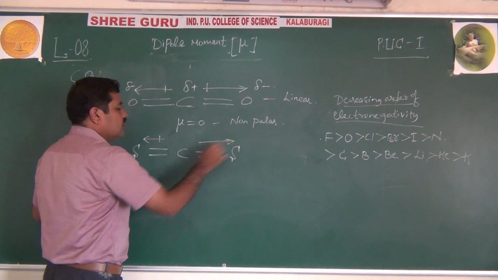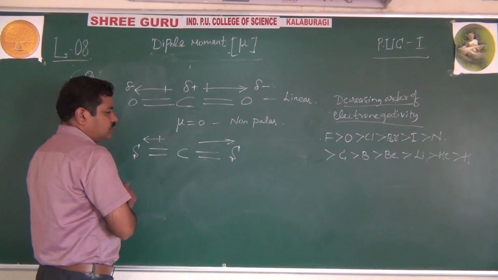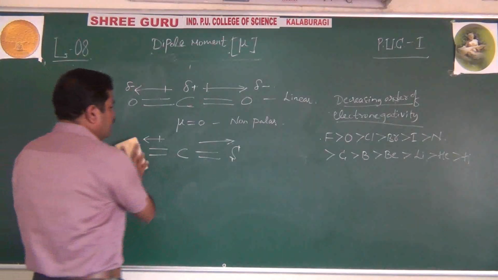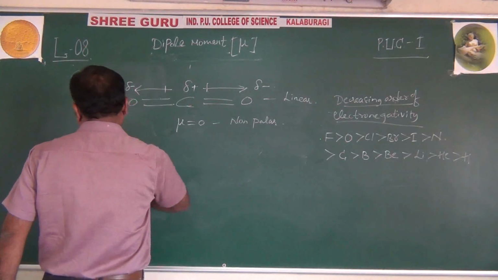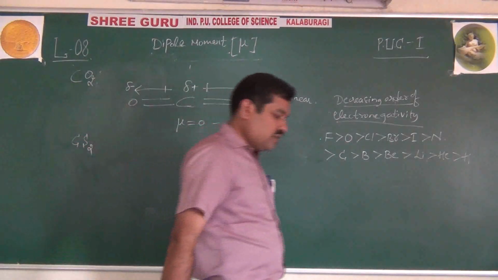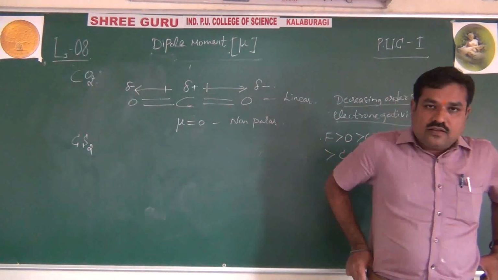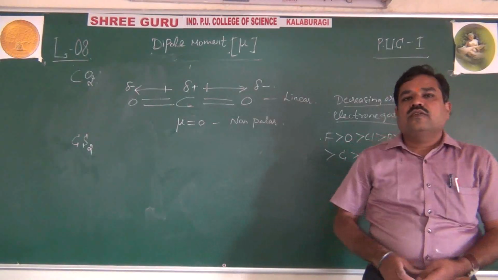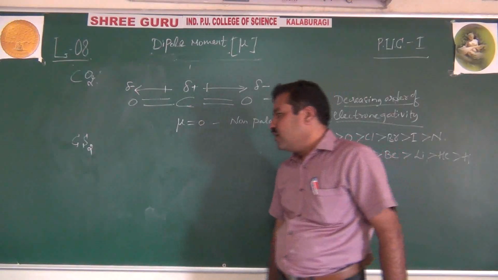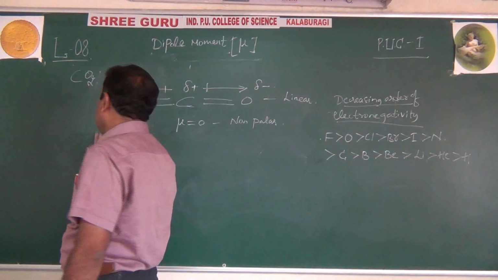Sulfur and carbon, so like this it is also linear shape, the mu value will be 0. Down the group generally electronegativity decreases, but across the period it increases. That's why it is also non-polar.